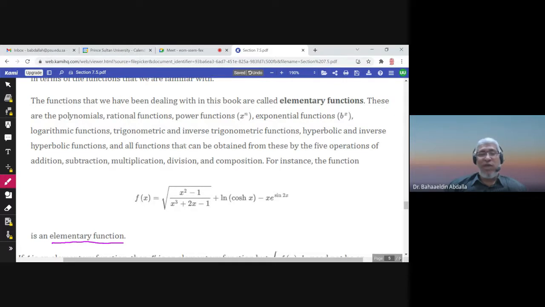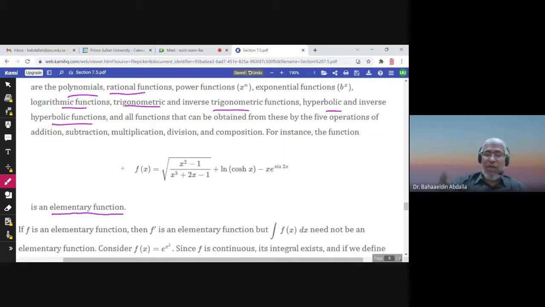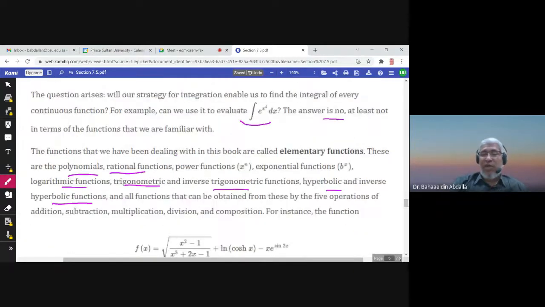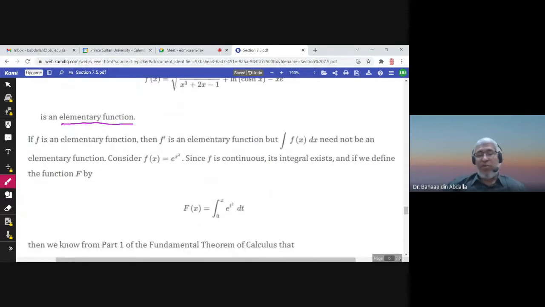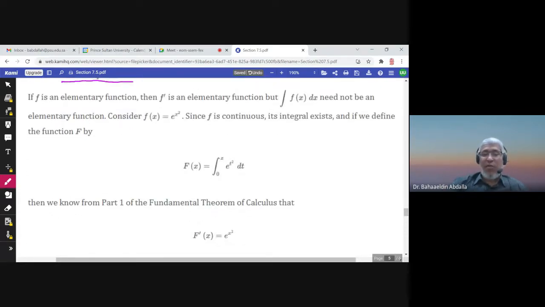Elementary functions like logarithmic, trigonometric, inverse trigonometric, hyperbolic, inverse hyperbolic, polynomials, rational, all of these functions. If you try to write the integral of e to the x squared in terms of them, you will not be able to, because it has been proven.